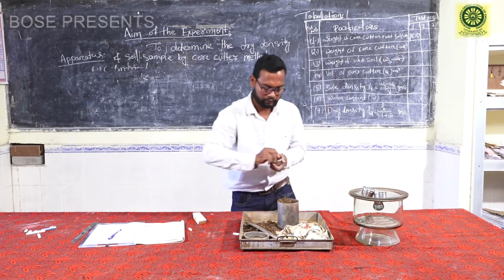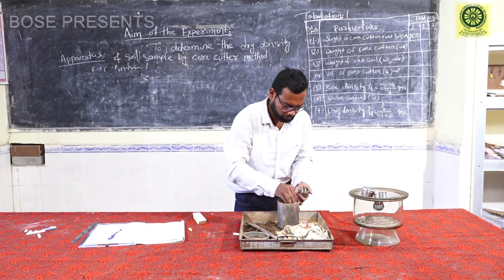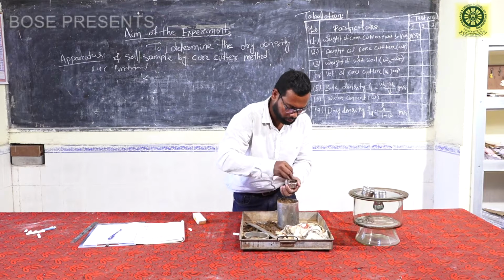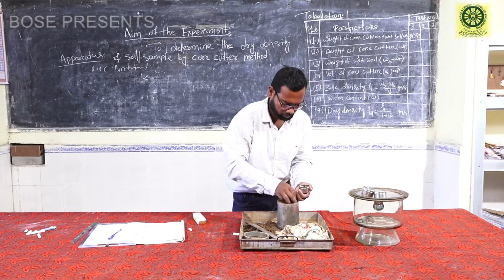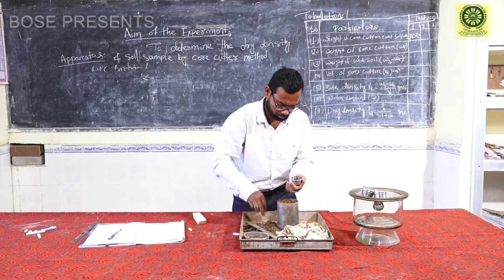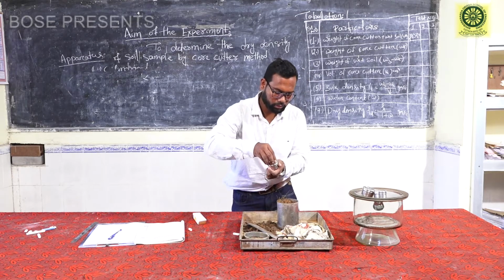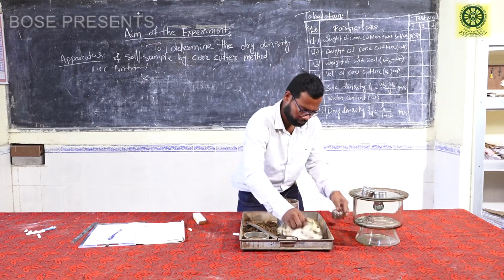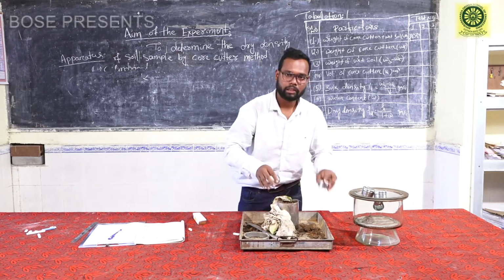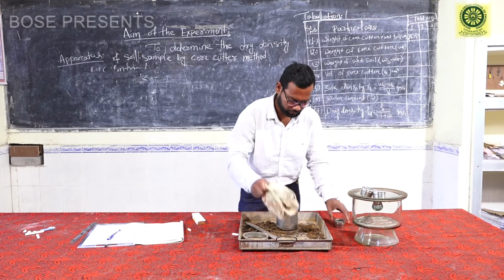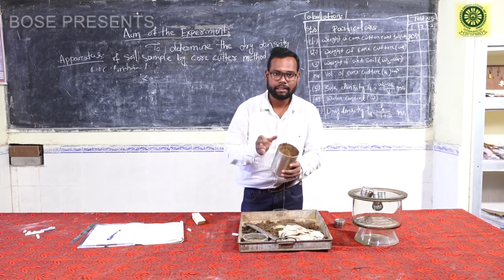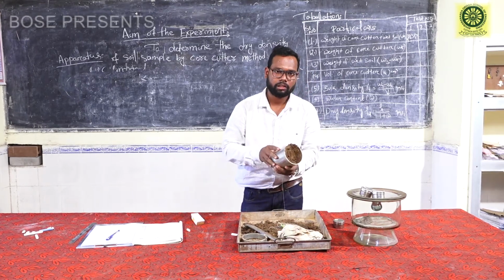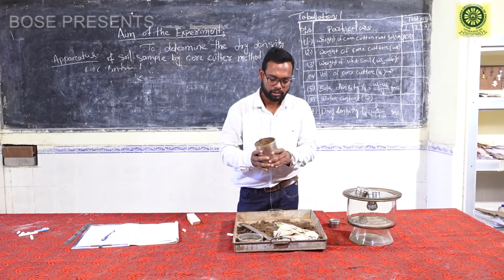Take some soil sample for determination of water content. For the determination of water content, the standard procedure will be followed, and it will give the result after 24 hours. Now we need to clean the core cutter and take its weight.